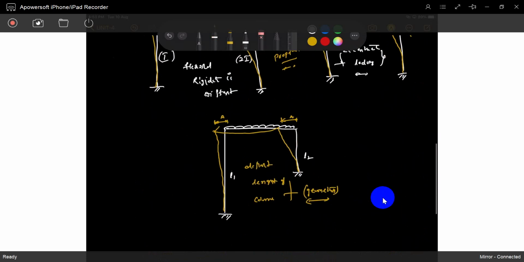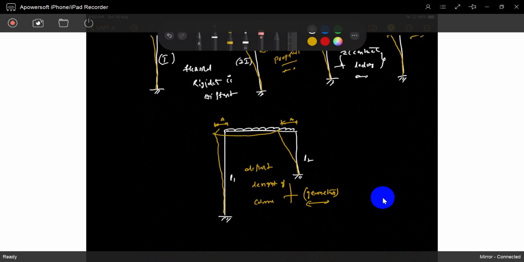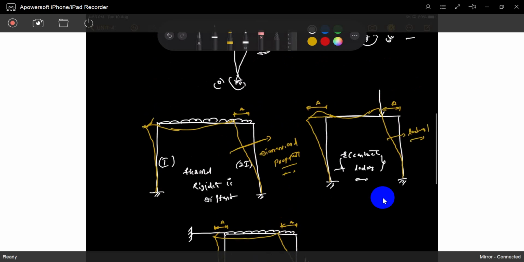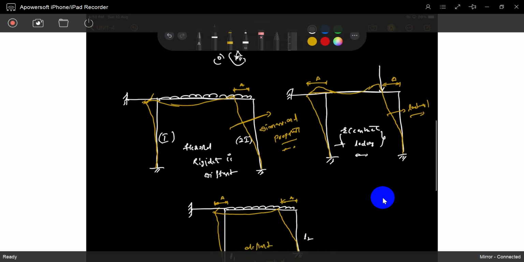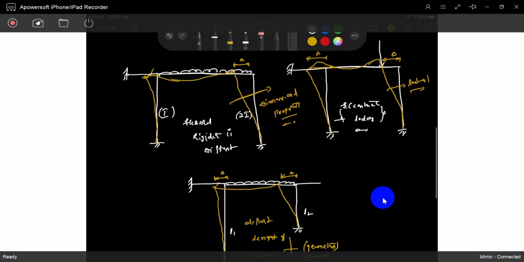But one thing you can observe: if the support is there like this, can it experience sway? No chance. If you have some support, no chance. Not only this side, you can get it on this side also. If you have a support, not only a fixed support but also a hinge support, it can't experience sway.